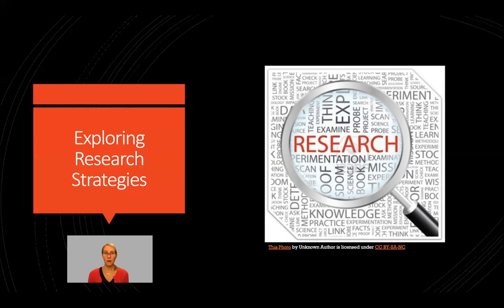Oftentimes we first think about books, but they also have other things like journals, magazines, newspapers, DVDs, audiobooks, posters. Some libraries have, I saw an article this summer where you could check out animals that have been part of the taxidermy process so that you can study their anatomy. Lots of different types of resources.